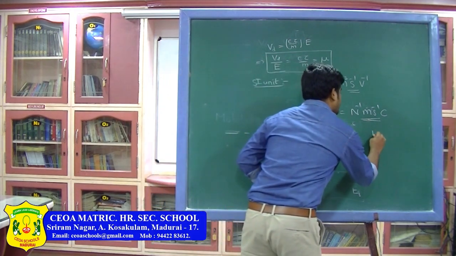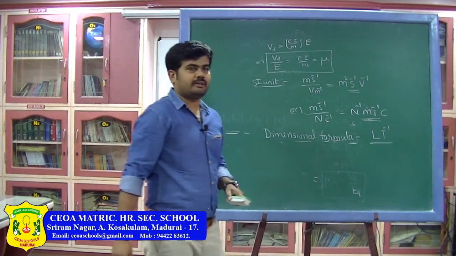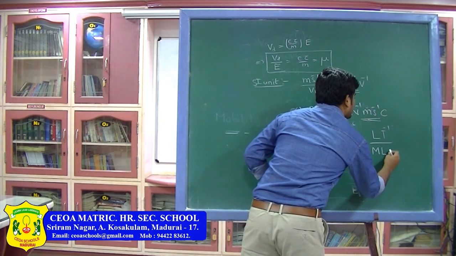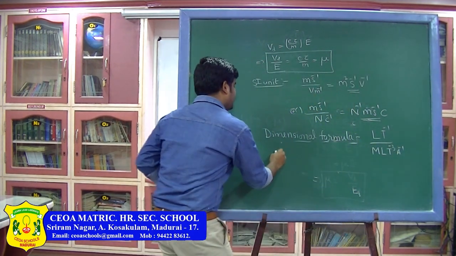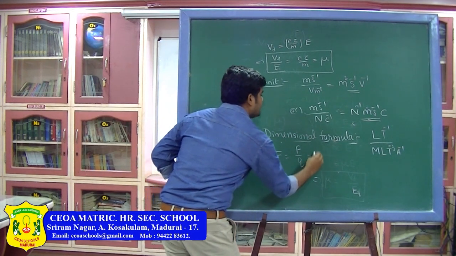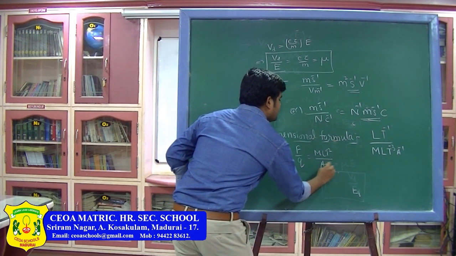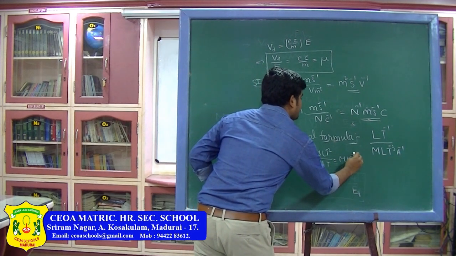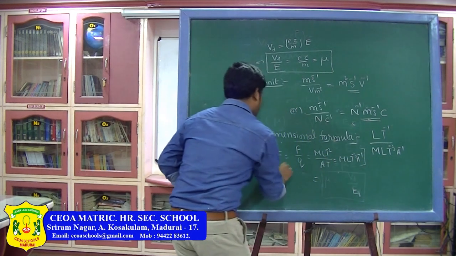So, the velocity dimensional formula is L T power minus 1, and the electric field strength dimensional formula we know is M L T power minus 3 A power minus 1, because we know electric field is force per unit charge. Force dimensional formula is M L T power minus 2 divided by charge dimensional formula A T. So, this will be M L T power minus 3 A power minus 1. That is how you can get the electric field dimensional formula.